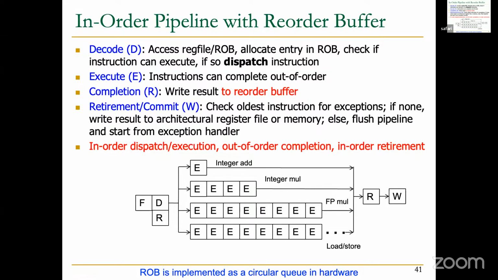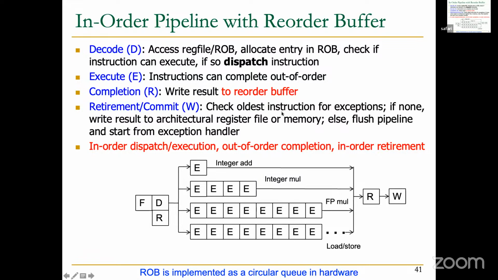And there's an asynchronous process. So the retirement and commit is an asynchronous process. There's a finite state machine or control logic in the back that checks whether the oldest instruction is ready to finish, basically, if it doesn't have exceptions. If it doesn't have exceptions and it's ready to finish, meaning it also already has its result generated, this control logic takes the result from the reorder buffer and puts it into the architectural register file or memory, because memory is handled similarly, except it's just huge.